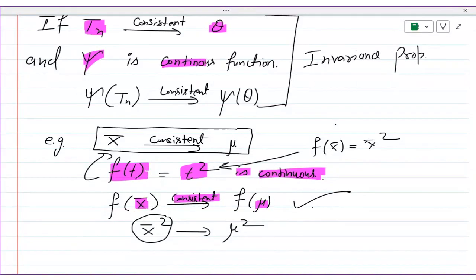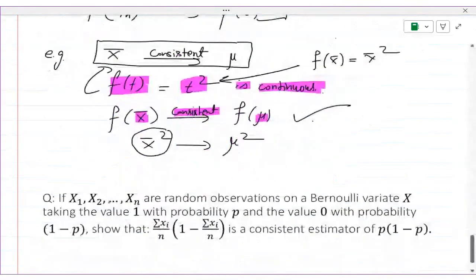This function does the square of the number that you put in it. So if I put x bar, it will do the square of it. If I put mu, it will do the square of it. Is that clear, Roshan? Okay, so let us move to the next example.